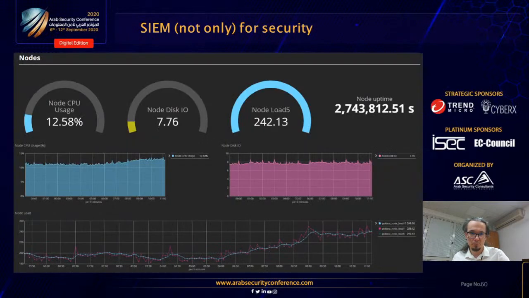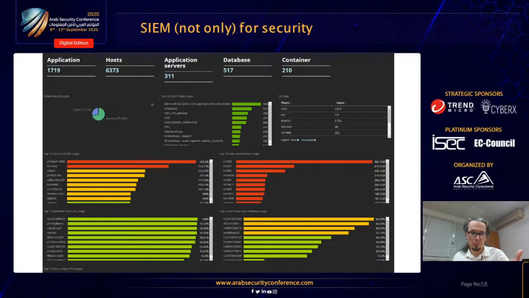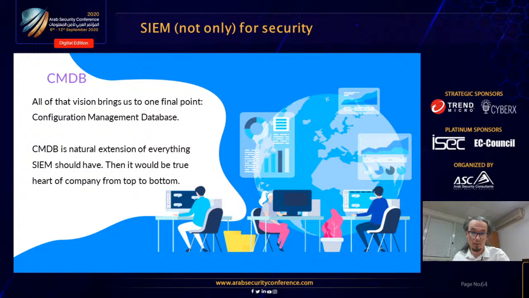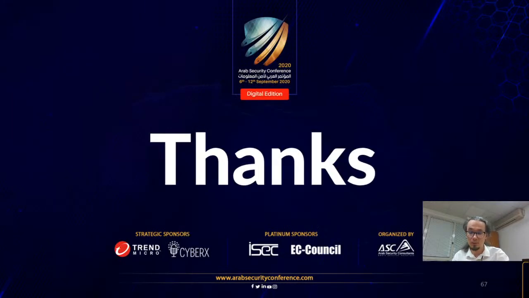For example, here we are gathering information from 1,719 applications, along with 373 hosts and so on. Those are big numbers to gather information from, and we are able to do that.